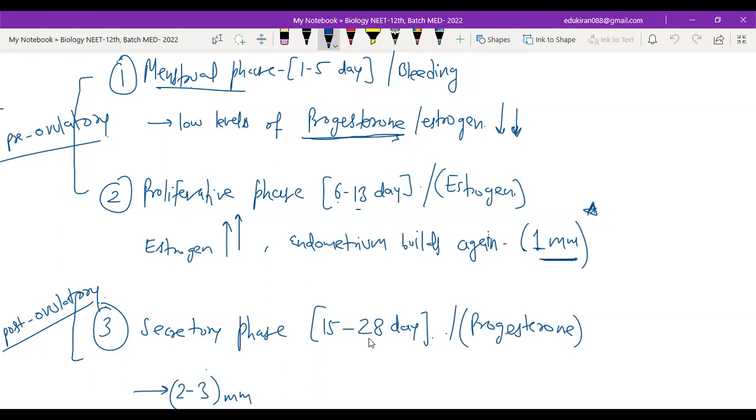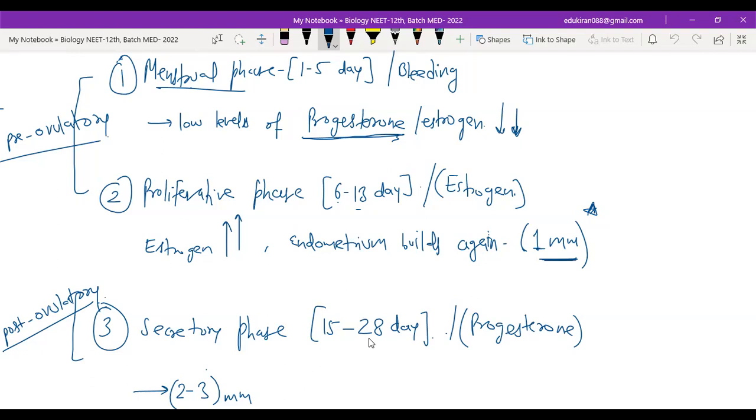You are not wrong, but it's important for building it, like thickening it. But the base foundational makeup or proliferation is done by estrogen. It's like once you have made the foundation of a building and the ground floor, that was estrogen. And then progesterone comes and just keeps raising the floors. Do you understand the analogy? Yes, sir. So progesterone causes the endometrium to double or triple in thickness.